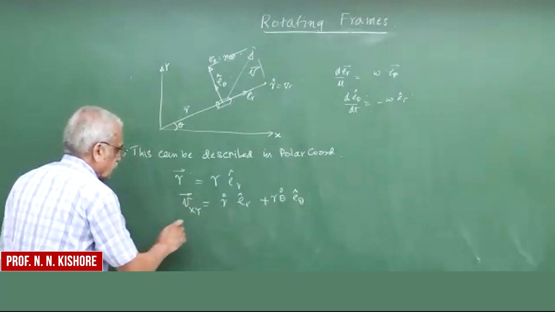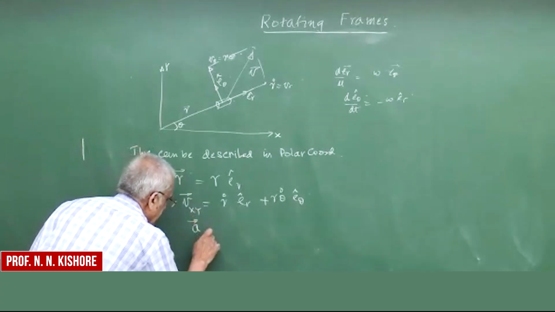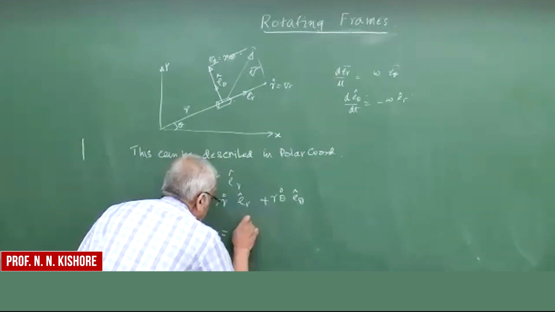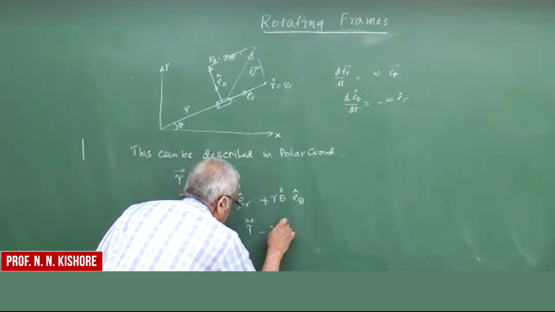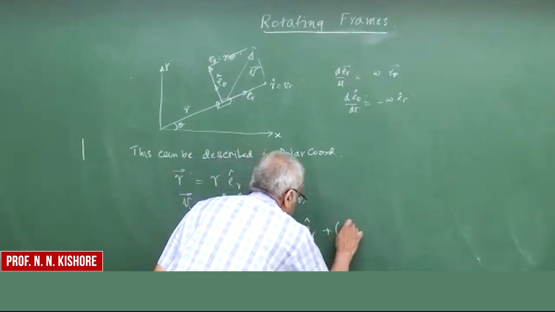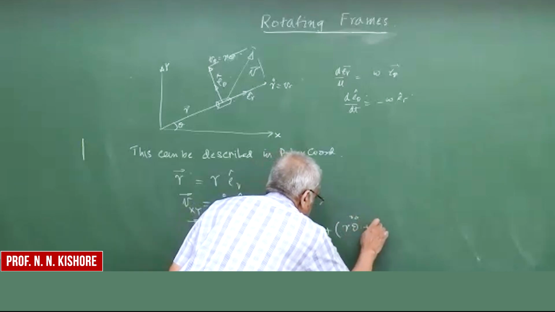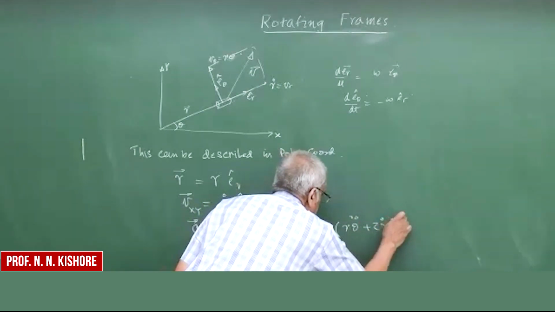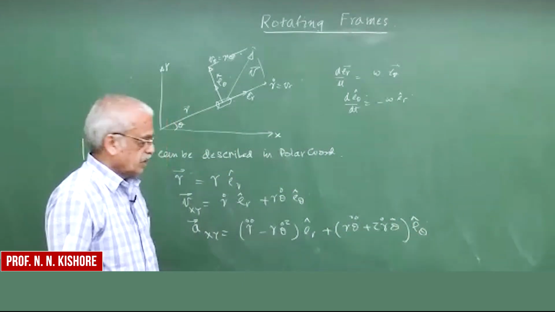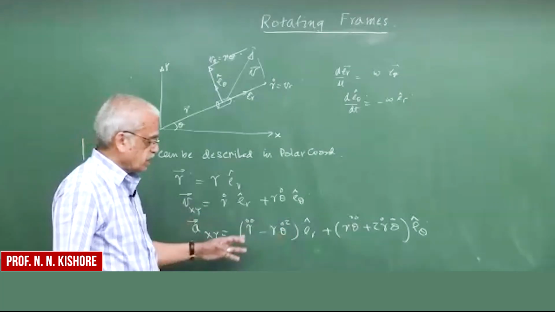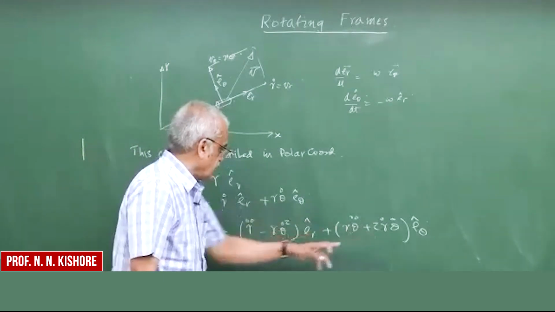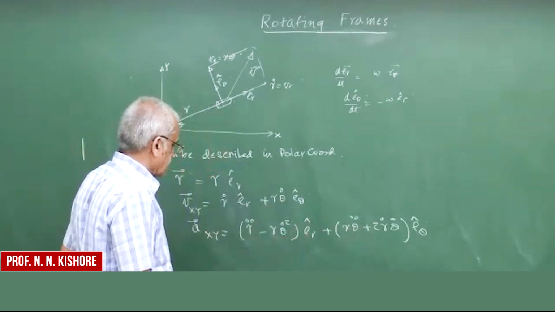And then we went on to acceleration. We did one more differentiation, wherein we have R double dot. This is what we got for the velocity in terms of ER, E theta, and R and theta as functions of time.